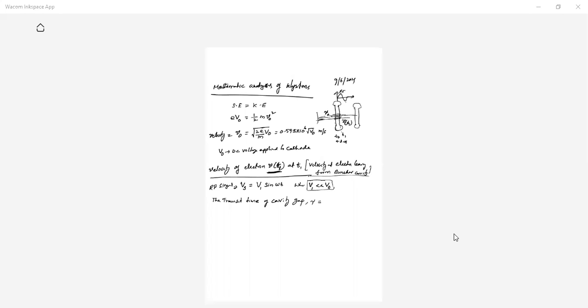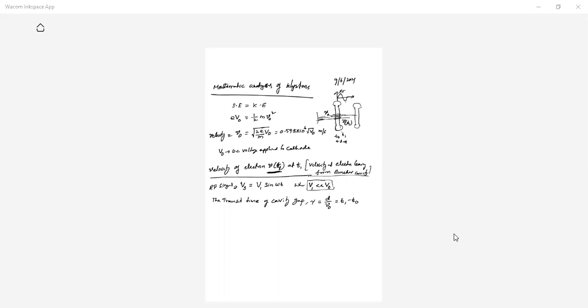Time is nothing but distance by velocity, so you can write d by v naught. The transit time tau is also T1 minus T naught. So T1 minus T naught is equal to d by v naught in the gap of the Buncher cavity.